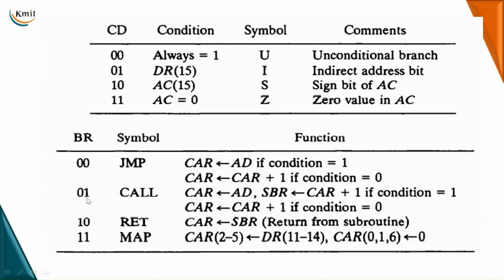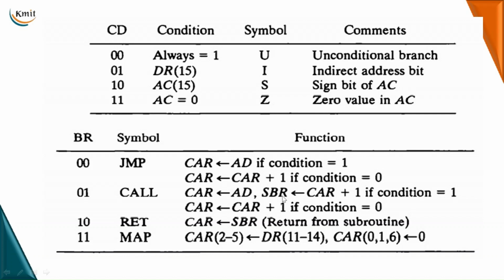In case of call, it works in case of subroutines, as we have already seen. If the condition is met, the address register contents are moved to the control address register, and for subroutine return, we have to store the return address into the subroutine register. That is done by incrementing the contents of the control address register by 1, so that after the subroutine is executed, the value in the subroutine register can be stored back to the control address register, and the control will come back.